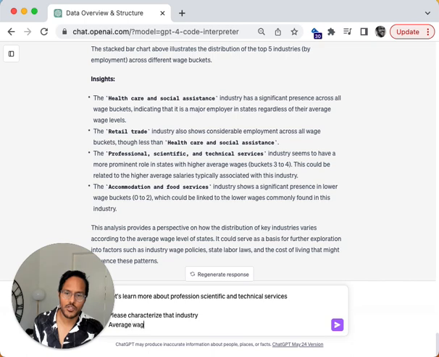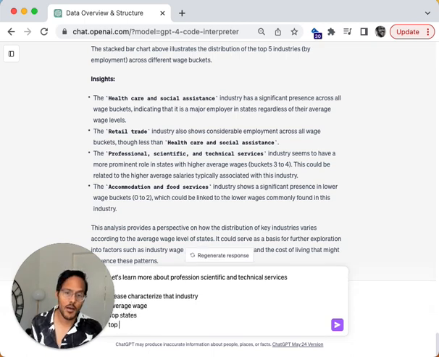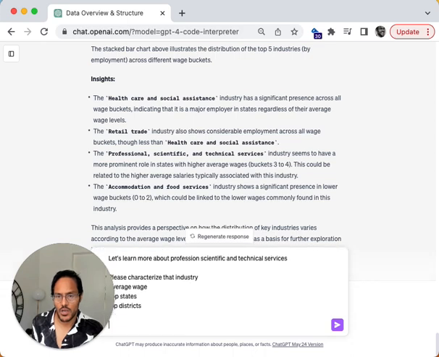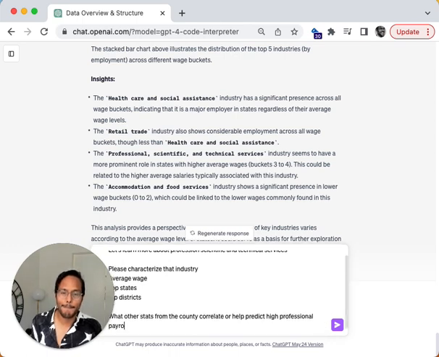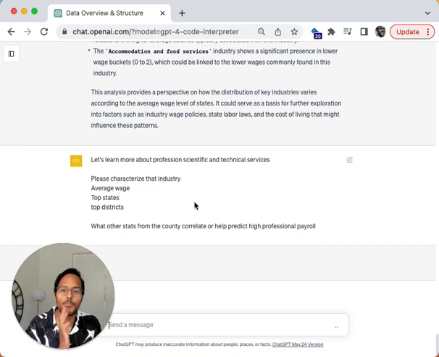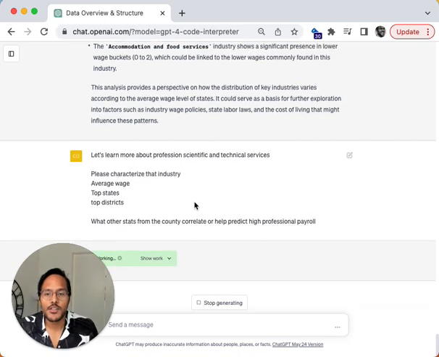Average wage, top states, top districts, and what other stats from the industry correlate or help predict high professional wage payroll from the county?